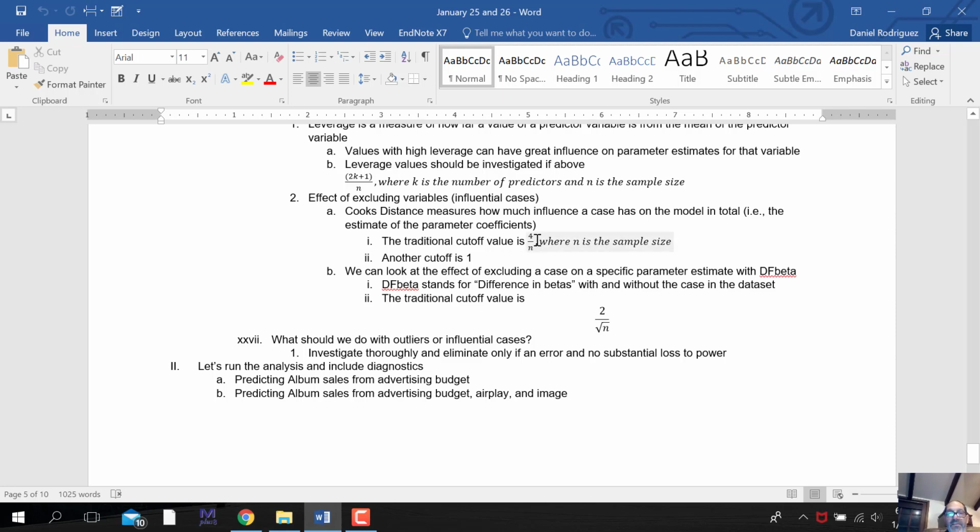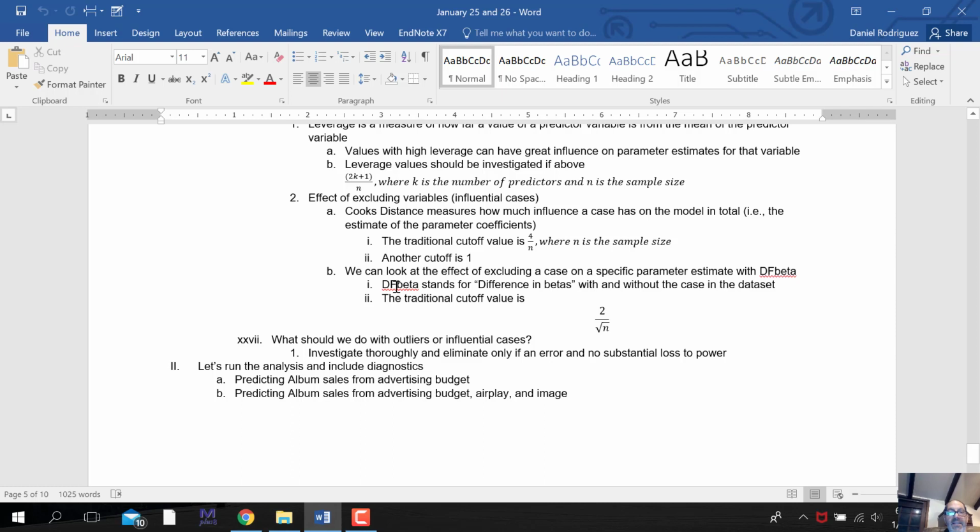The traditional cutoff is 4 divided by n, where n is the sample size. Another one is any value above 1, so you can use whatever you prefer. Again, that means you're going to investigate that value. By the way, if you have these values being large, it could be that you just have a data entry error, right? Instead of 20 minutes, you put 200 minutes or something like that.